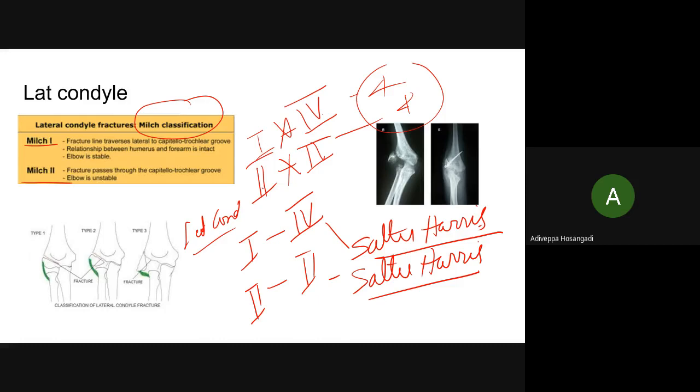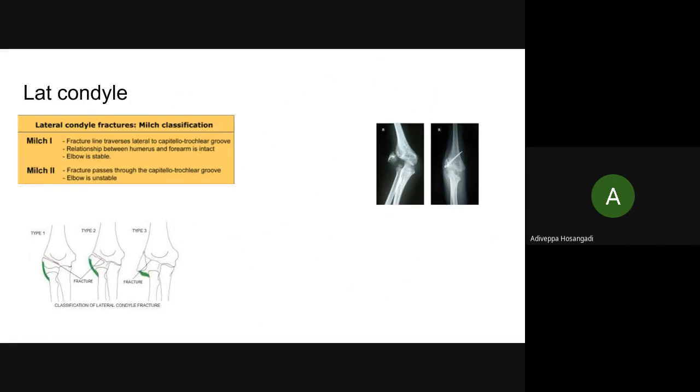Certain important things of lateral condyle fracture: it is an intra-articular fracture, and the most common complication of lateral condyle fracture, unlike supracondylar fracture, is non-union. Is taking a practical examination, but I will come to some practical tips.